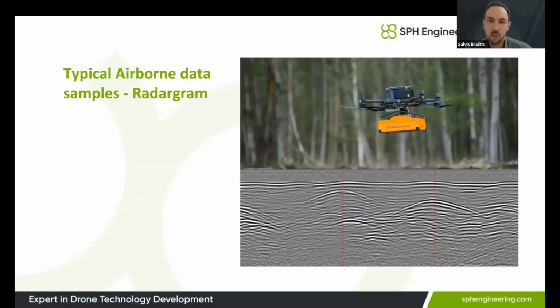So first you are looking for layers, and the second one is you're looking for parabolic reflections from point-like pipework and similar utilities located underground. Some of the advantages are that they can be deployed over rough terrain, where a traditional GPR cart is not really an efficient way to collect this data.